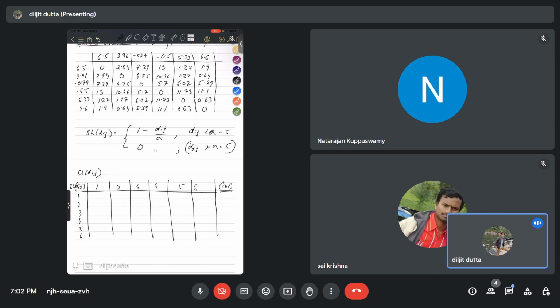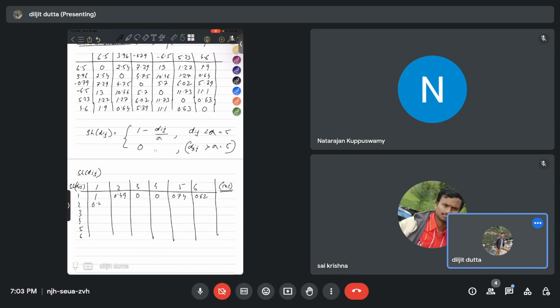If distance is 0, 1 minus 0 is 1. For the second one, 2.54 is less than 5, so we'll have a sharing function value. The sharing function value will be 0.49 from this formula. For the third one, the value is 7.29. It is greater than 5, so it will be 0. For the fourth one, again 13 is greater than 5, so 0. Then it is 1.27, so we use the formula, and the value will come as 0.74. And for the sixth one, it will be 0.62.